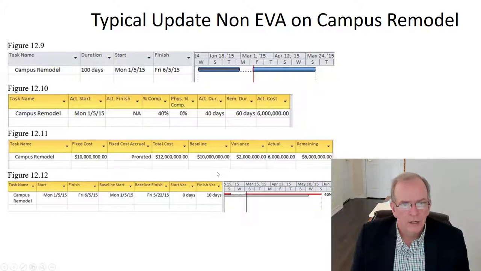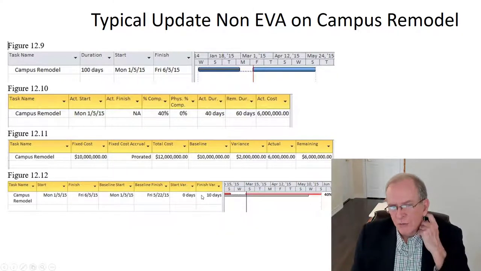This is just giving you straight-out amounts of calculations. We've got our campus remodel. We've got a start variance of 0 days and a finish variance of 10 days as of the update period. This is just like the regular updates that were going on in the project.